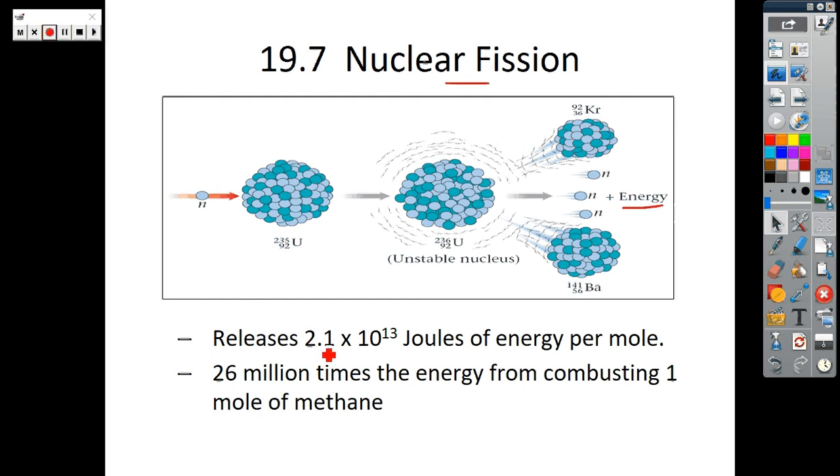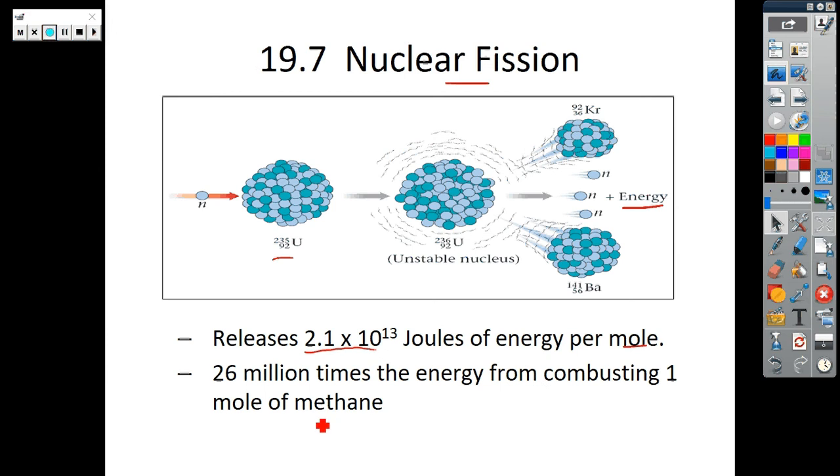How much energy? This much energy, 2.1 times 10 to the 13th joules of energy per mole. I know we don't know what a mole is quite yet in the class, but we're talking about 235 grams or so of this uranium. A mole is about the mass number in grams. And so that amount of energy is quite a bit. If you start comparing it to burning something like natural gas, methane, you get about 26 million times the energy per mole of fuel.